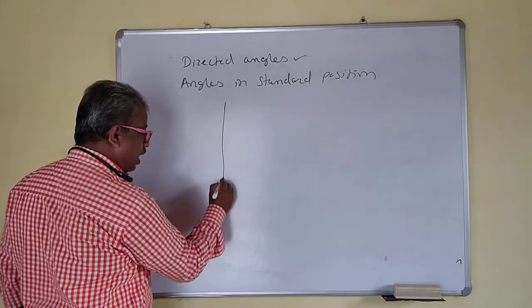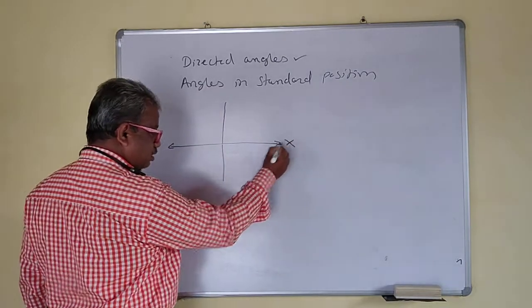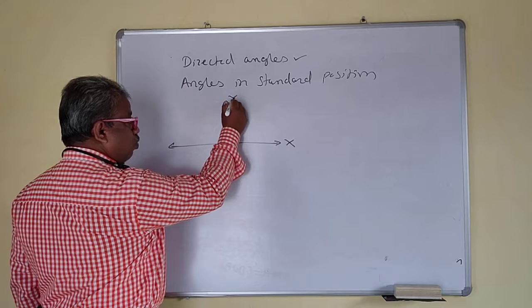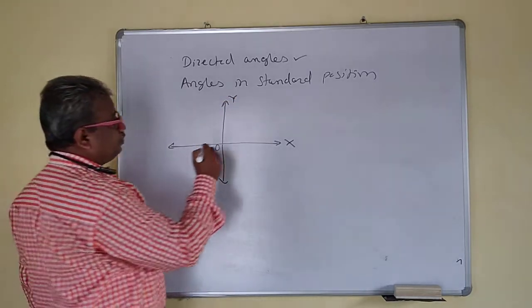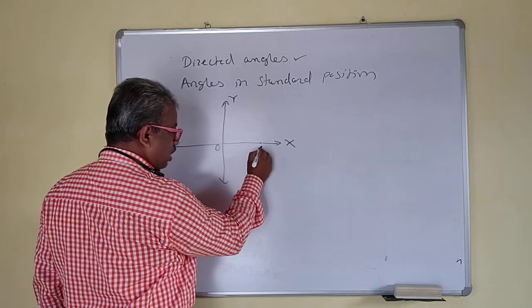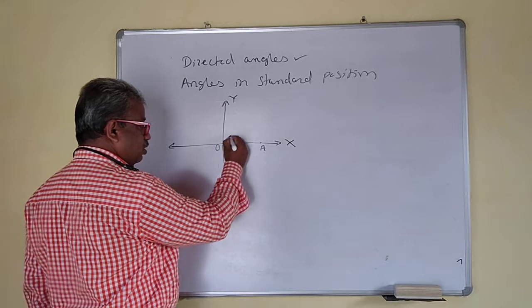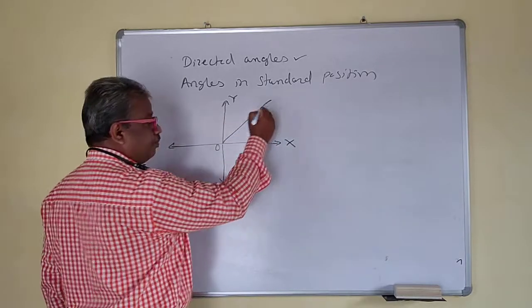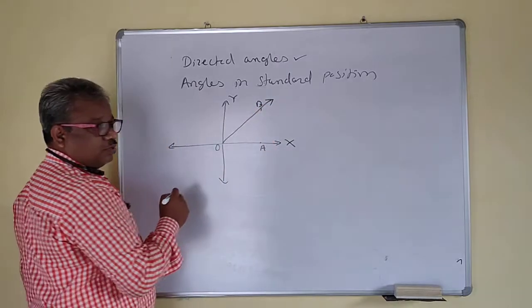So what is meant by angle in standard position? So you know that this is x-axis, this is y-axis, right? This is origin, right? Now suppose this is your initial arm OA, and suppose this OA is rotated, right? And this is B, right?